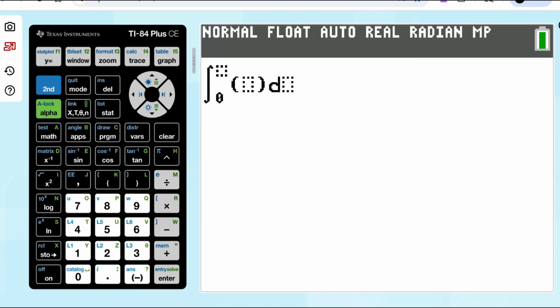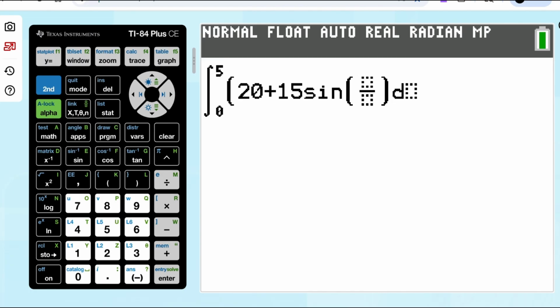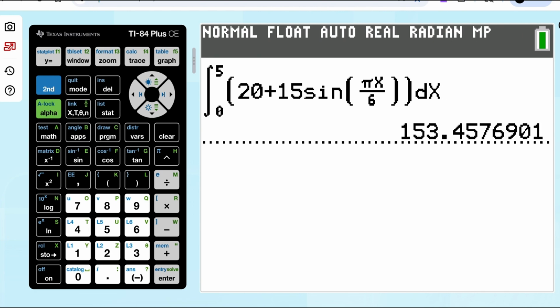We're going to integrate from 0 to 5, and we're going to integrate that E of t function, which was 20 plus 15 times the sine of pi times t, and we're using x here, since our calculator will do this in terms of x, pi x over 6, and then doesn't really matter, but we'll close our parenthesis there on the argument of the sine. We throw our dx out at the end, and we integrate.